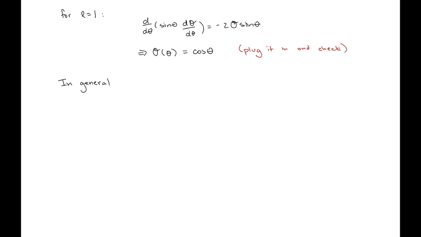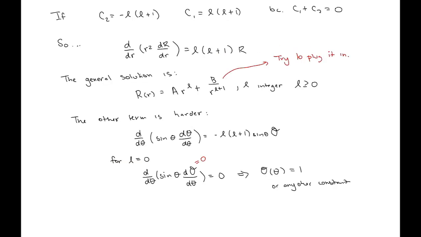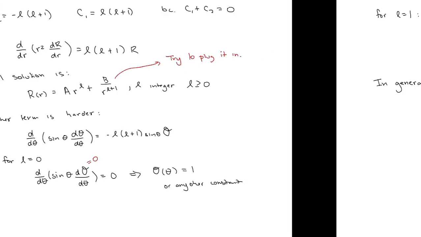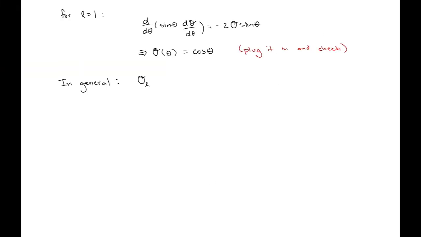It turns out that in general, the solutions for our big theta at different L values, remember, because big theta, when I solve this, has an L dependence in this term here, so for different L values, the solution to big theta is going to be equal to what are called Legendre polynomials evaluated at cosine of theta.